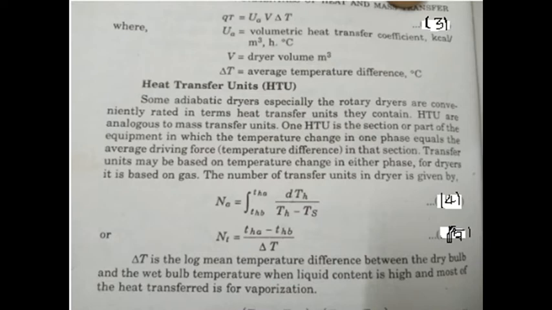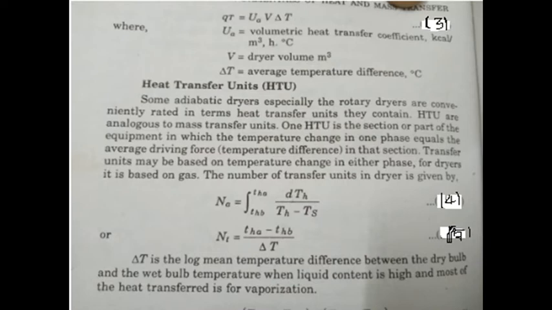One HTU is a section or part of the equipment in which the temperature change in one phase equals the average driving force in that section. Transfer unit may be based on temperature change in either phase. For dryer, it is based on gas. That is the number of transfer units in dryer.